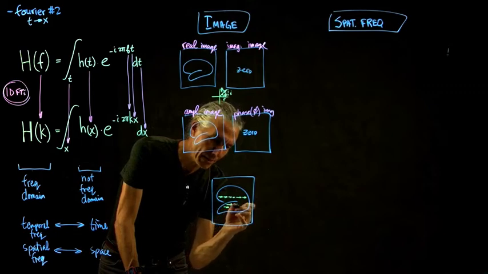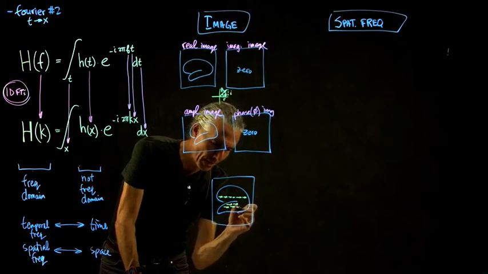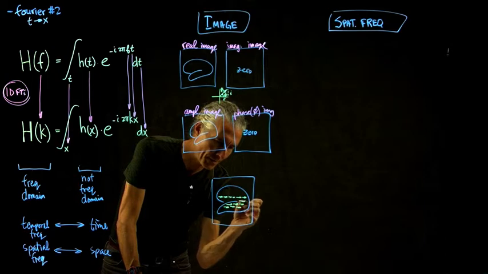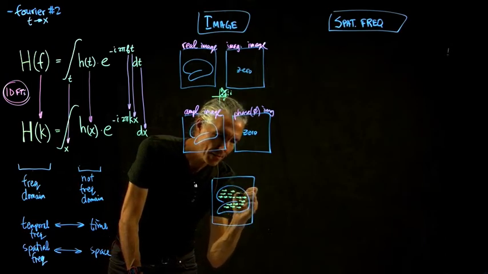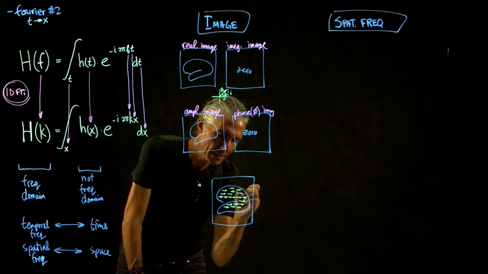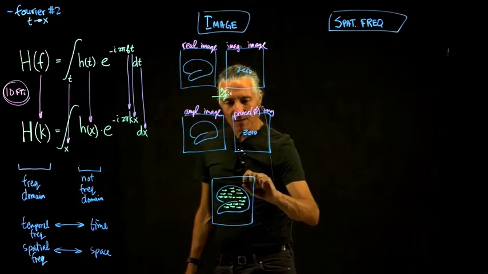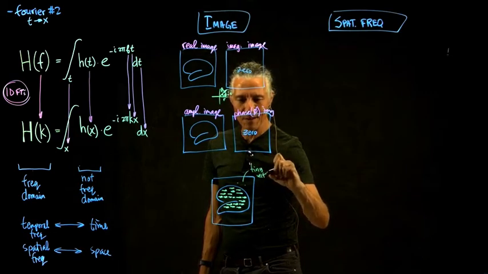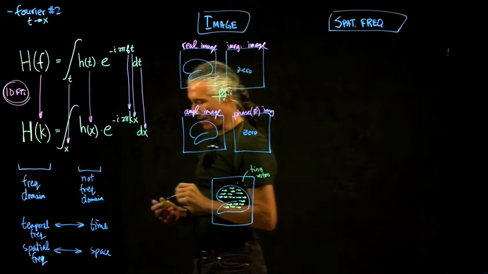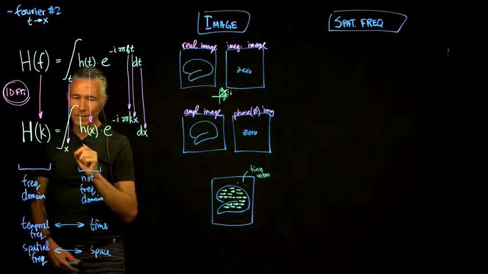You'd have a brain filled up with a bunch of vectors, and their phase angle would all be 0, so they're all pointing along the x-axis. And then there'll be some tiny little vectors out here, because that's mostly black out there. Still a vector, but a very tiny one.